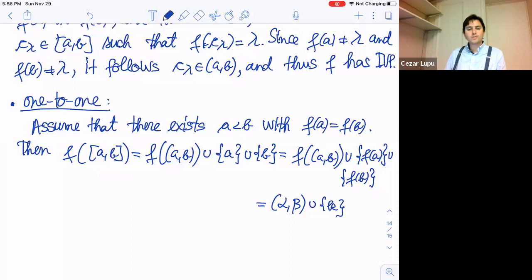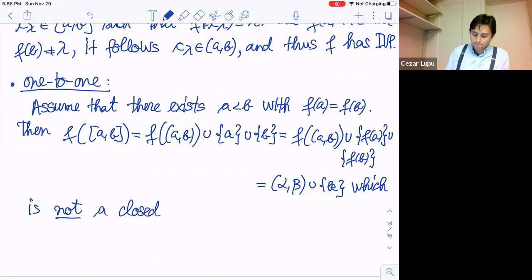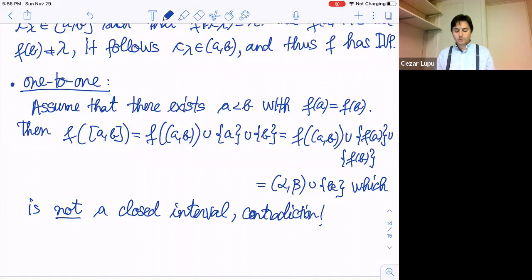But this is not a closed interval. Contradiction. So f is one-to-one.